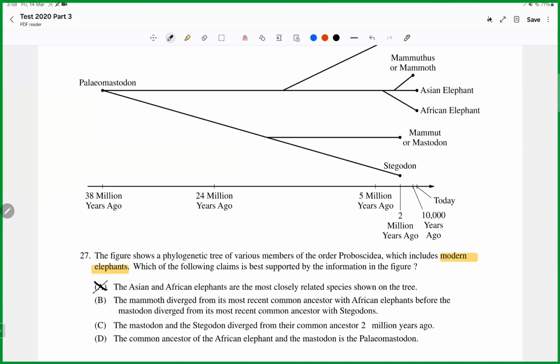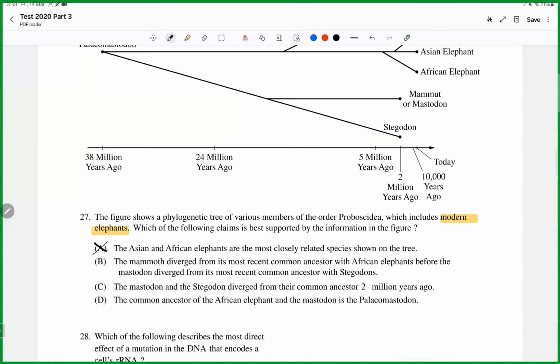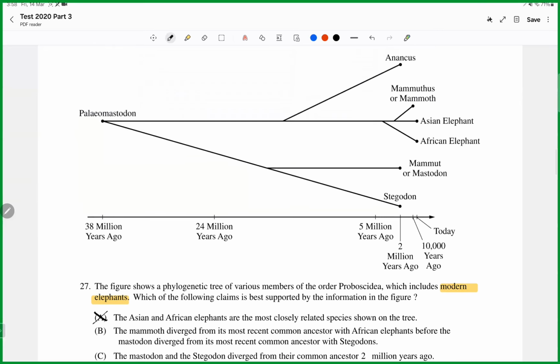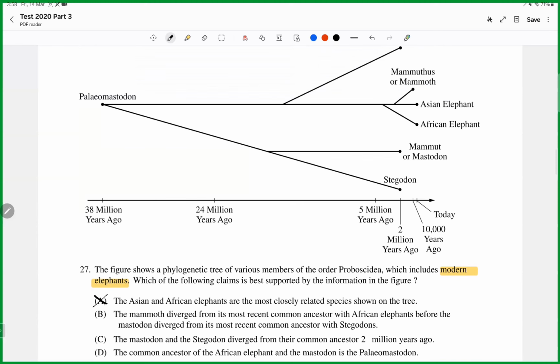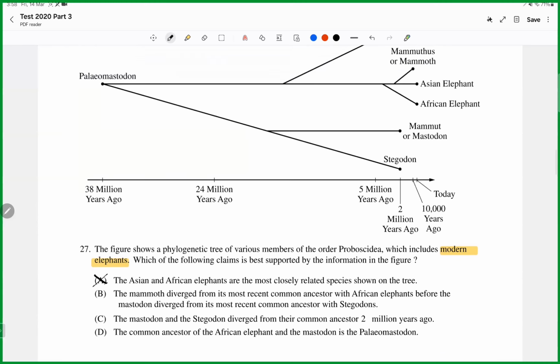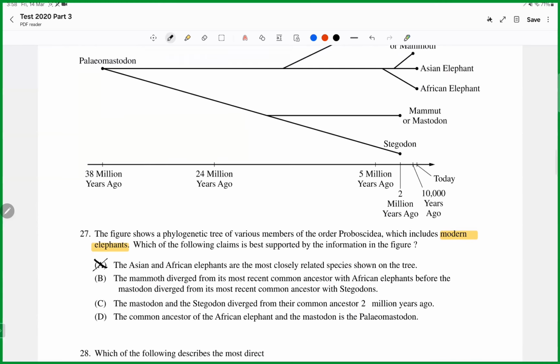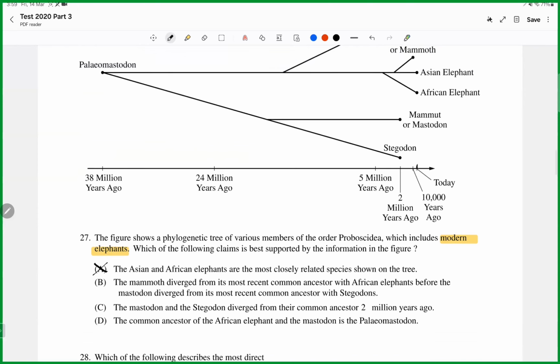I think there's like rules probably. Stegodon and Palaeomastodon. Anyways. Is Stegodon a thing? I don't know, but it died 2 million years ago, so there's no more Stegodon. Because here it says they stopped 2 million years ago. That means they died, but the African elephants still live till today.